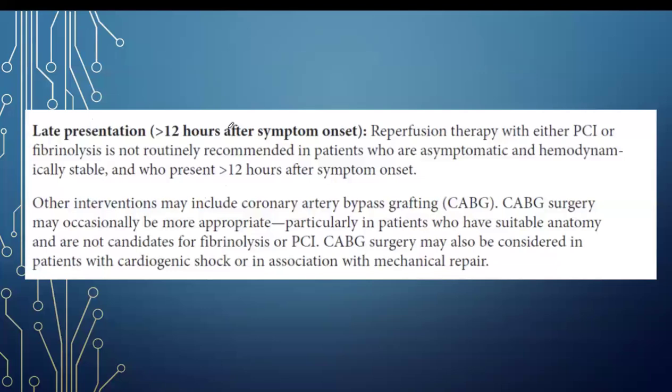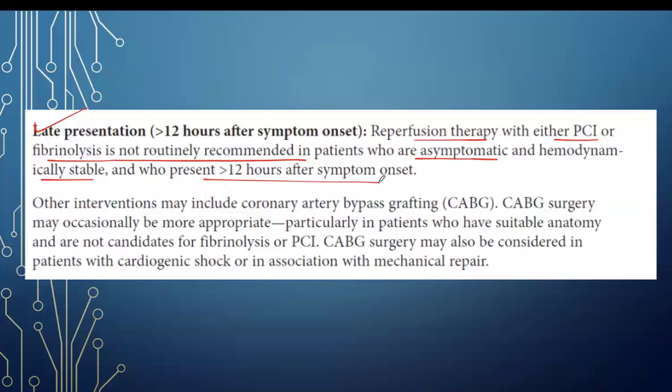So there comes your question. You are asking about if someone presents after 12 hours, like a late presentation. See what we normally do for that patient. Reperfusion therapy with either PCI or fibrinolysis is not routinely recommended in patients who are asymptomatic and hemodynamically stable and who present after 12 hours of symptom onset.